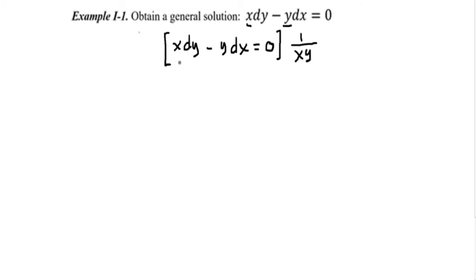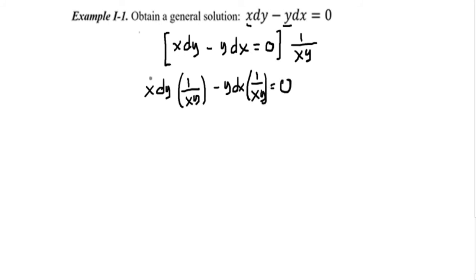Doing that, you have here x dy, then multiply 1 over xy minus y dx, and multiply by 1 over xy equals to 0.